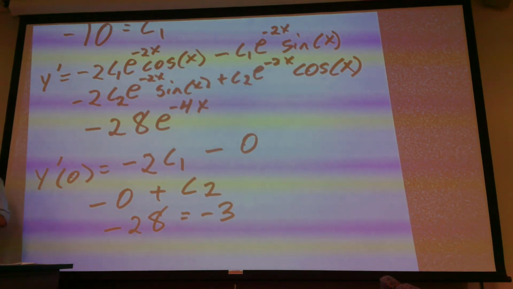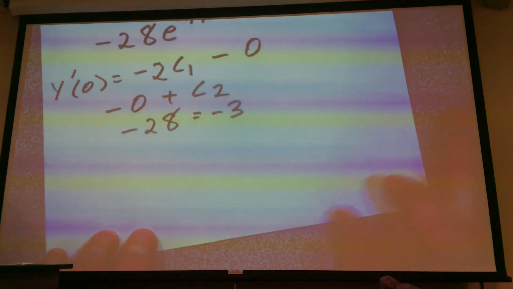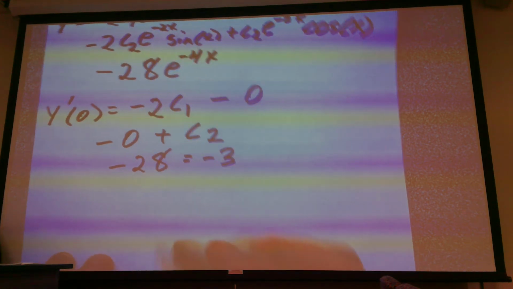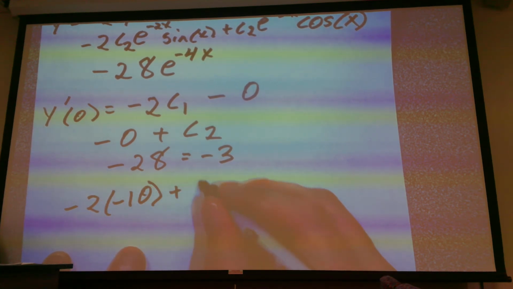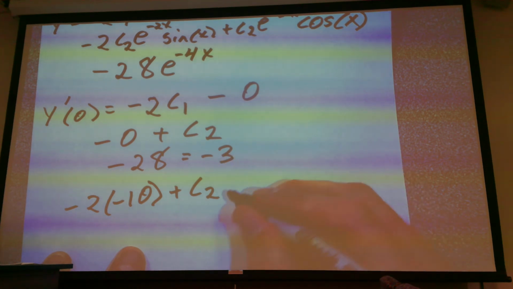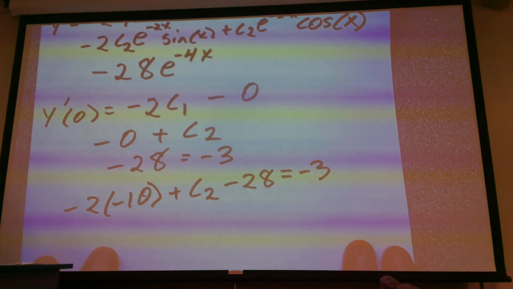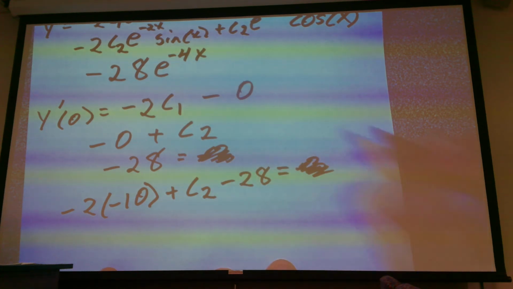Okay, but we know what C1 is. So let's rewrite this problem down. So this is the problem that I'm looking at right now. So negative 2 times negative 10, and then plus C2, and then minus 28 is supposed to equal negative 3. Oh, wait, no. That's going to be 1. I was thinking about the other point.